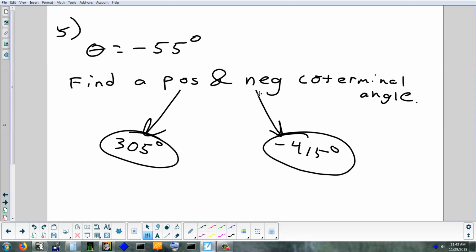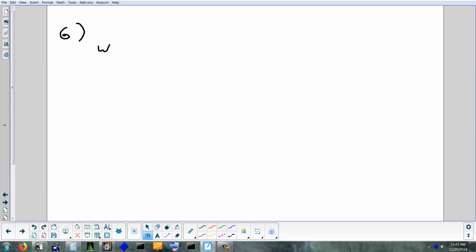All right, let's do an angular velocity. So we have a wheel with a radius of 10 inches.